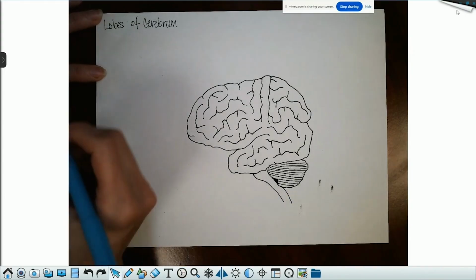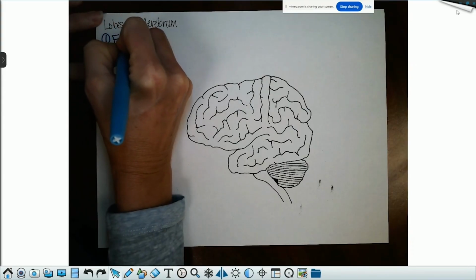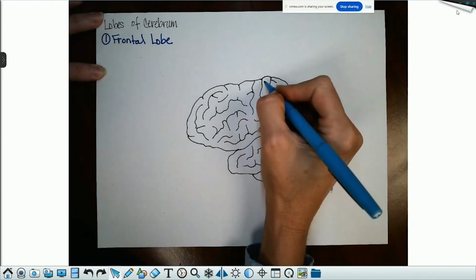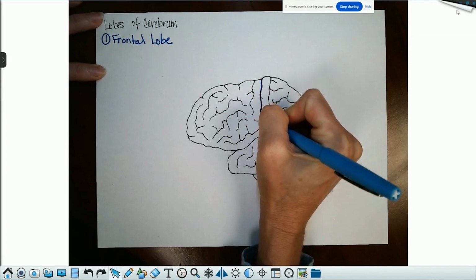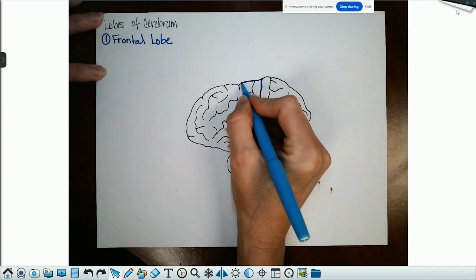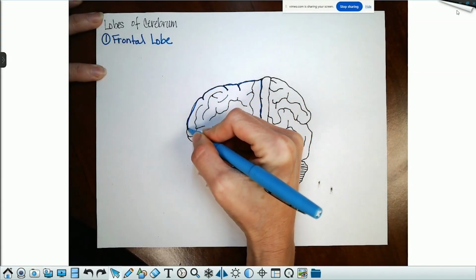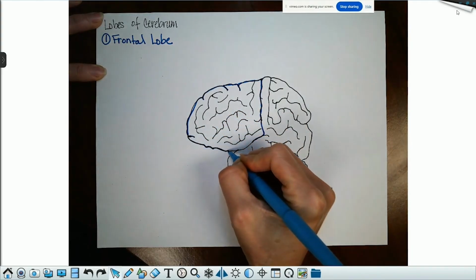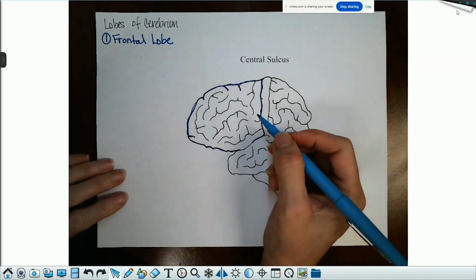So we're going to get started with the first lobe, which is the frontal lobe. And this is the largest of the lobes. So I'm just going to draw a line right here, illustrate where the frontal lobe is located. So this would fill out that cranial cavity, that anterior cavity, and that frontal lobe is going to sit right in there.